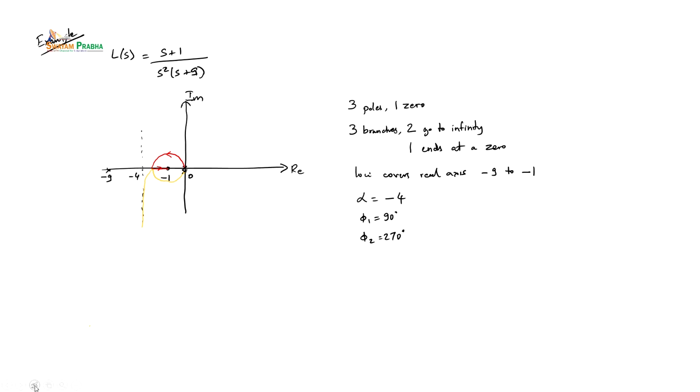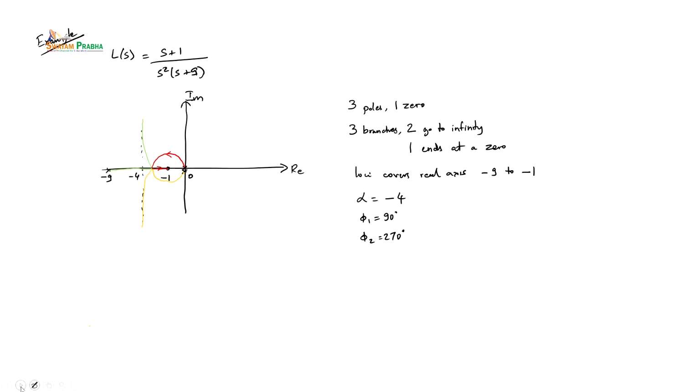And the last one will start from minus 9, come to this point of intersection, and then we will go along the asymptote which goes to 90 degrees. And in this way we have plotted the root locus for this particular example.